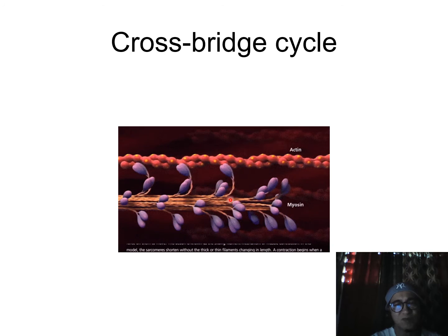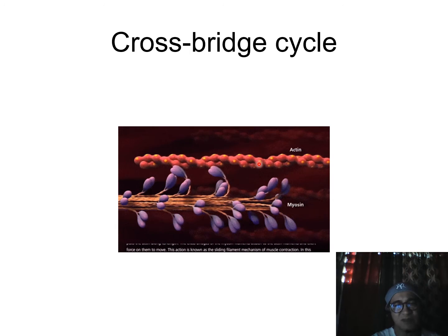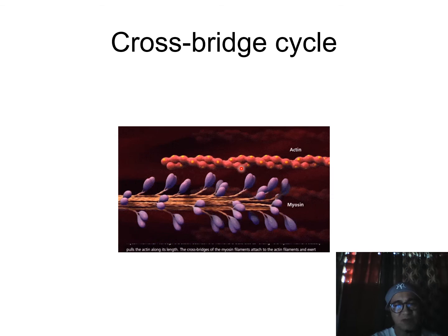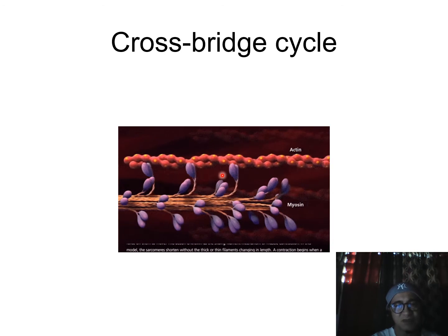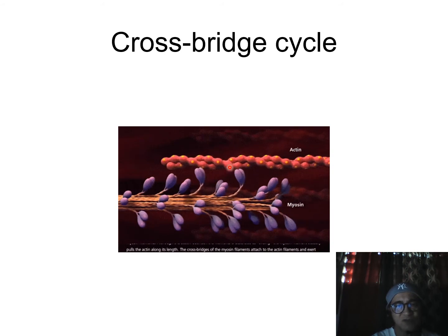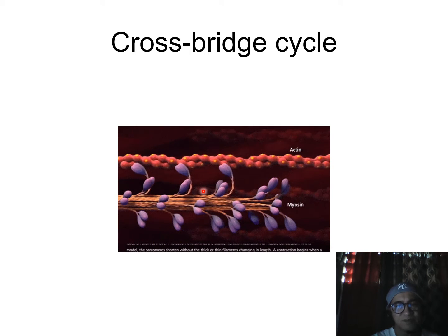This repetitive movement and interaction of the myosin cross bridges with the actin filament involves the attachment of the myosin head to the actin filament binding site, and then the swiveling motion of the myosin heads that pulls the actin filaments to the middle of the A band, and then thirdly, the detachment of the myosin head from the actin filament.